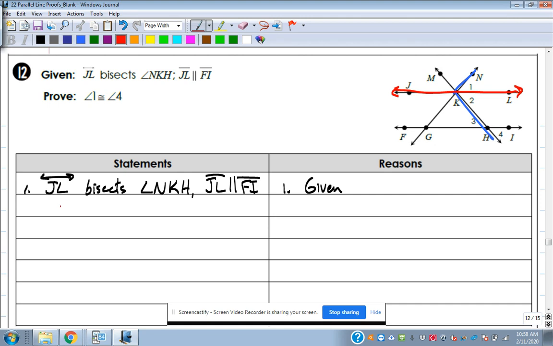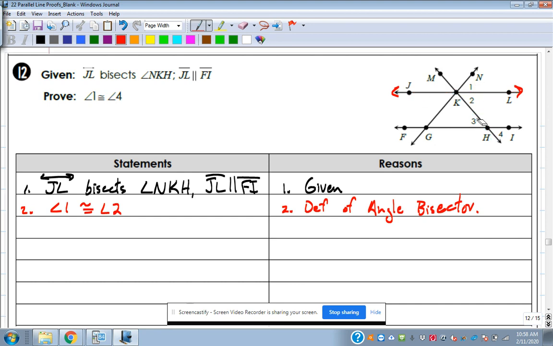Okay, so statement 2, the angle 1 is congruent to angle 2 by definition of an angle bisector. So anytime they give you something about a bisector, you know you're going to get a couple of equal parts out of that. So there we use that part of the given.